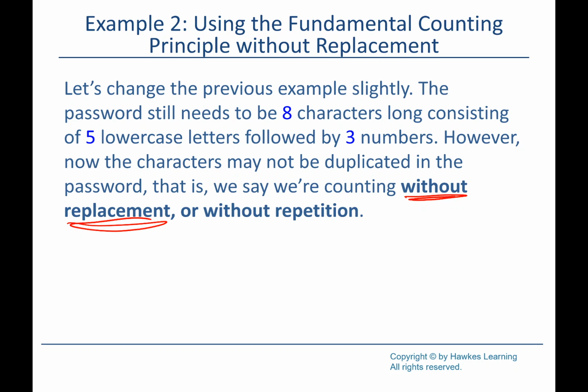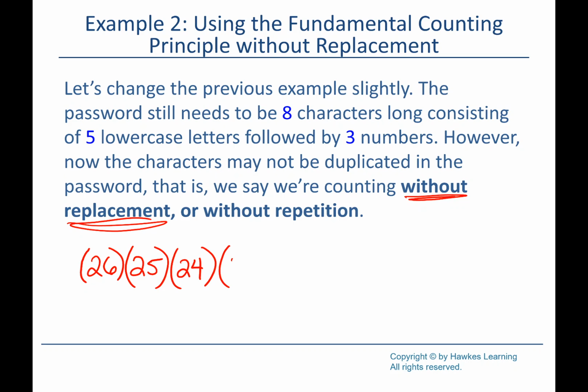When we go to pick our first lowercase letter, we still have 26 choices. But then when we go to pick our second lowercase letter, we can't repeat, and we can't use the same one we used on the first one. So how many choices do we have this time? 25. Then when we go to the next one, we've already used 2 letters, so we're down to 24 choices.